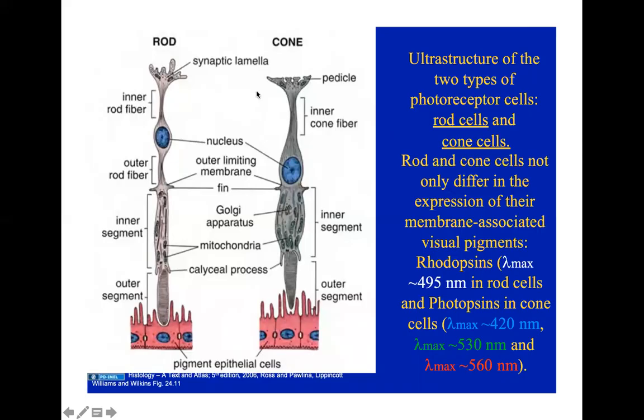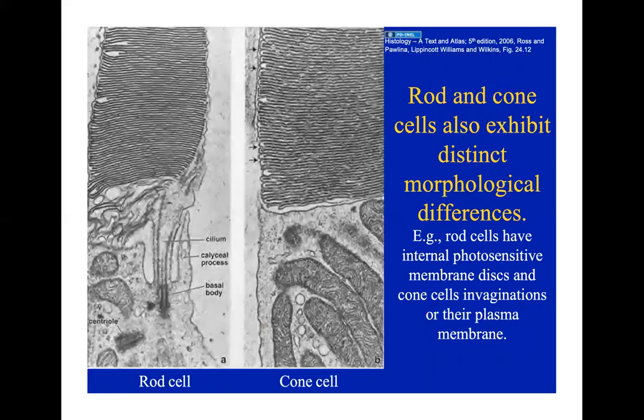Now again, these are your photoreceptors. You have the rods and you have your cones. The rods contain your rhodopsins, while the cones usually contain your photopsins. So the ones we mentioned earlier are the differences between your rods and cones. Rod cells, morphologic differences: the rod cells have membrane discs and your cone cells have invaginations in their plasma membrane.